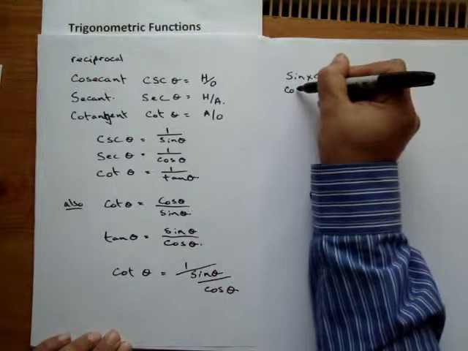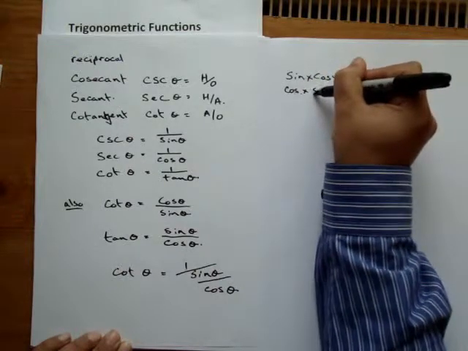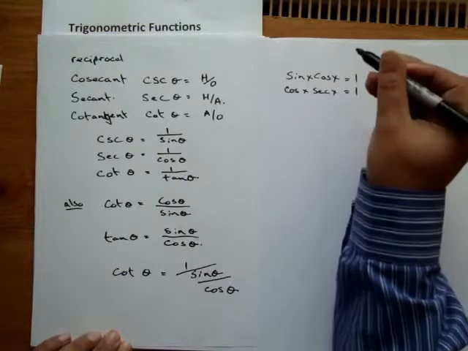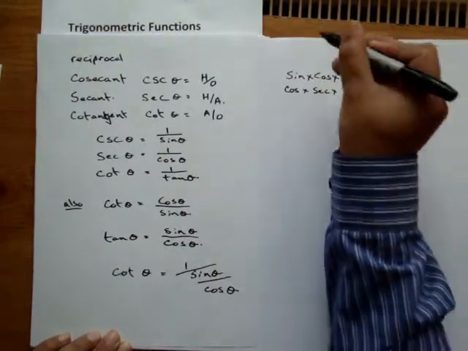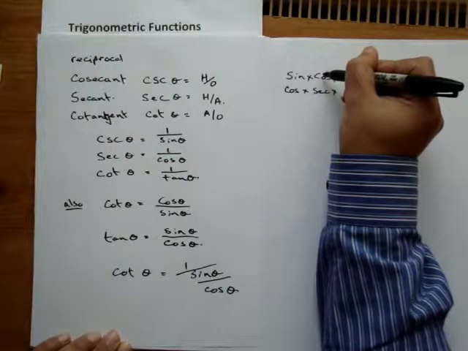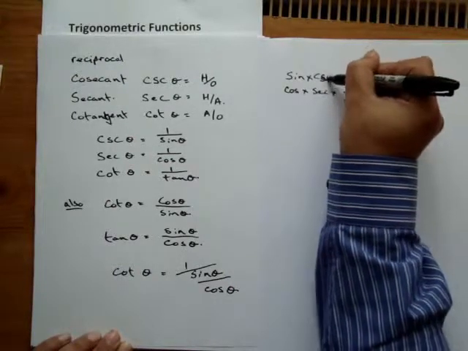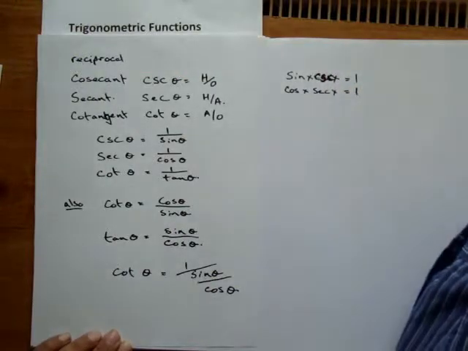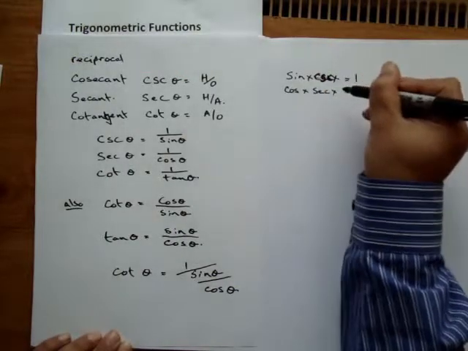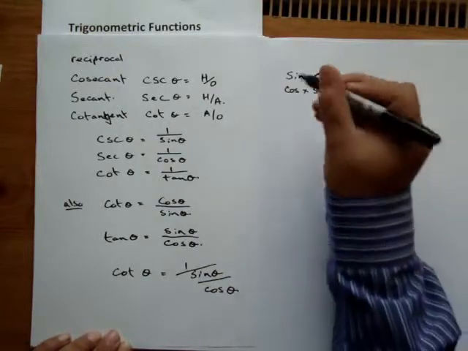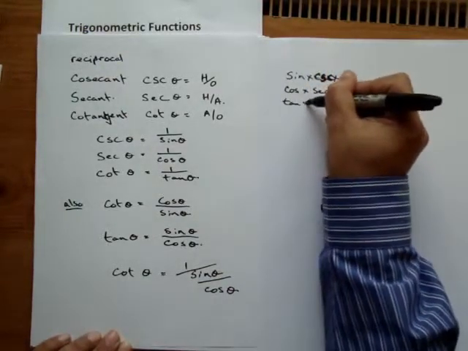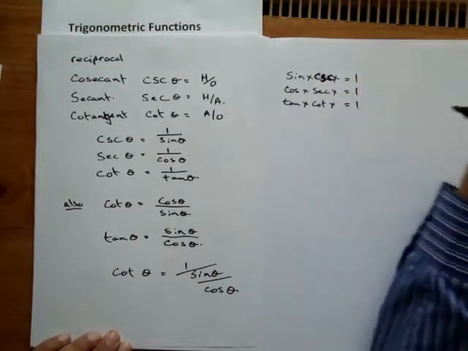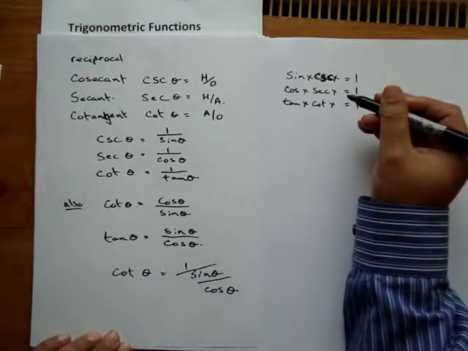Cos x sec x equals 1. And tan x cot x equals 1.